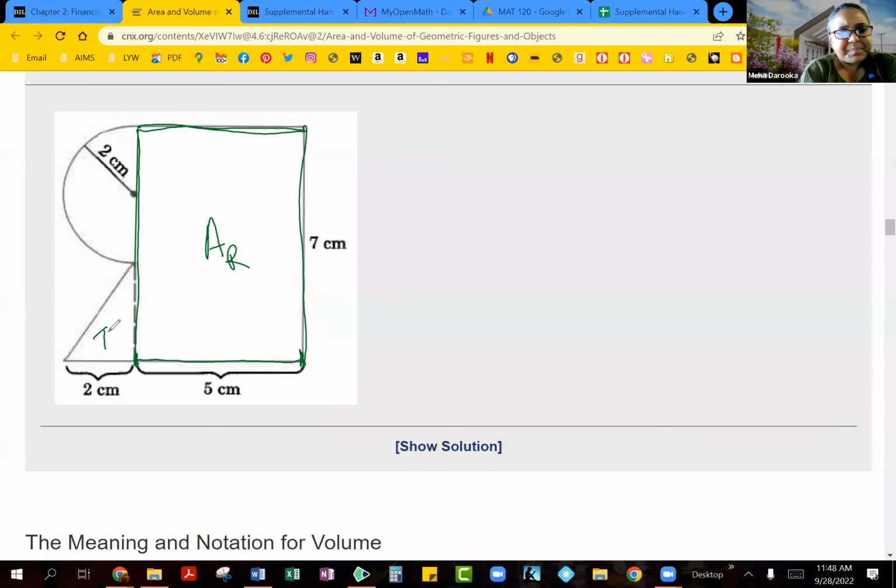With the little triangular one, you can see this guy is going to be 2 centimeters here. We need to figure out what this distance is going to be over here, and the only way to do that is to figure out what this distance over here is going to be.